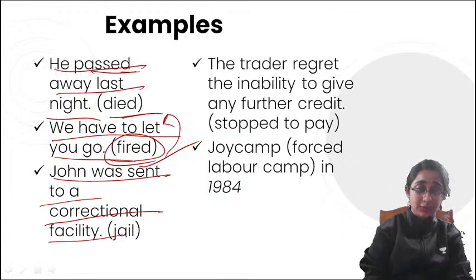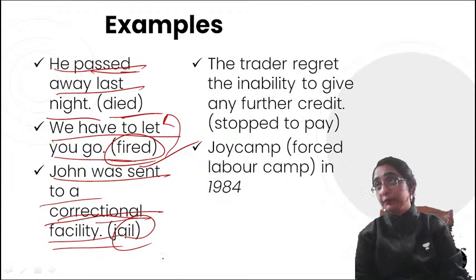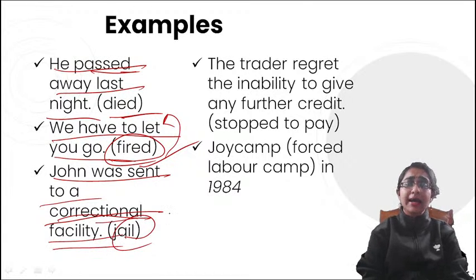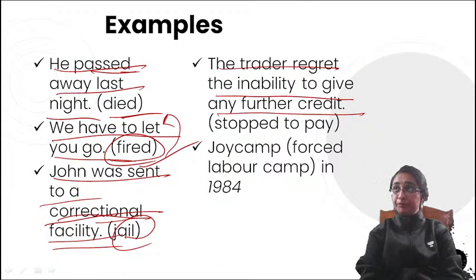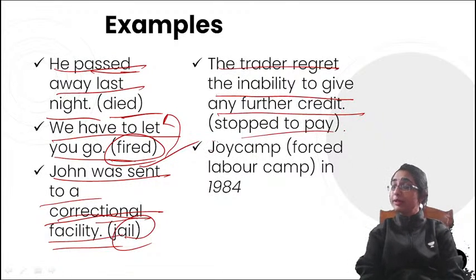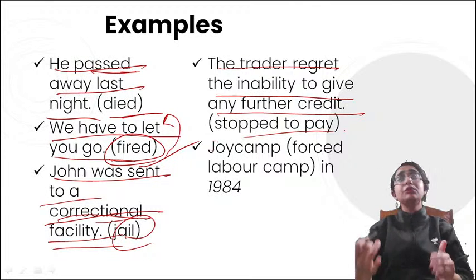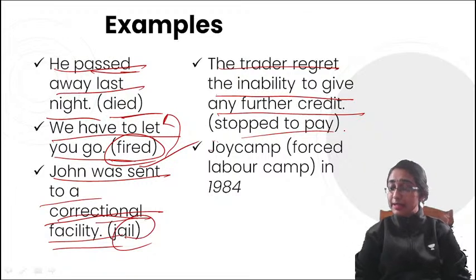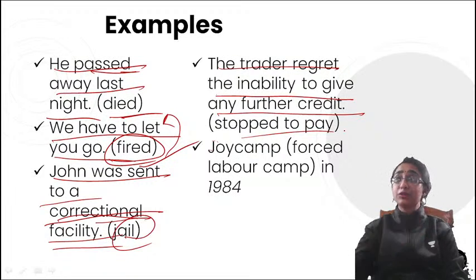That's why jail is not said; it is said correctional facility. That means the prison house. Next is, the trader regrets the inability to give any further credit, which means that the trader has stopped the payment. So it is saying in a very polite way that the trader regrets the inability to give any further credit. That means the trader has stopped paying. The payment has been stopped. That is saying it in this way.